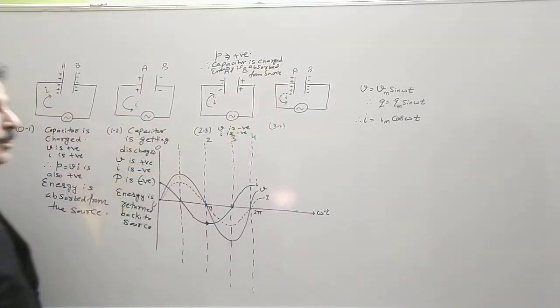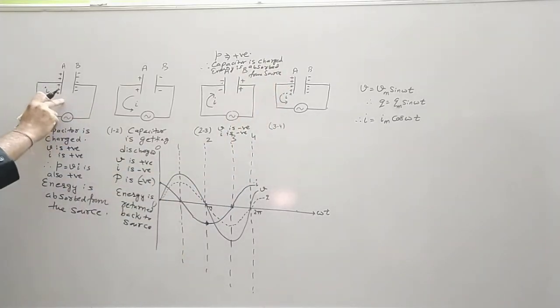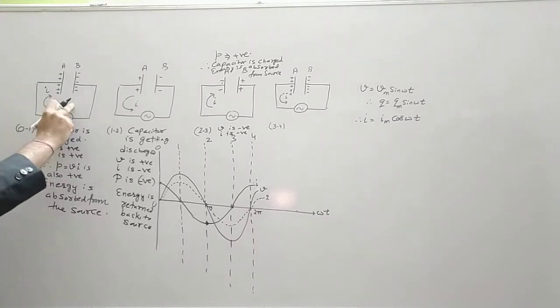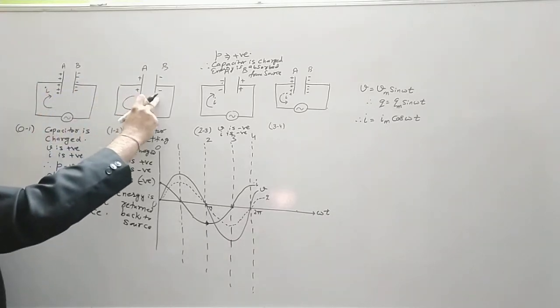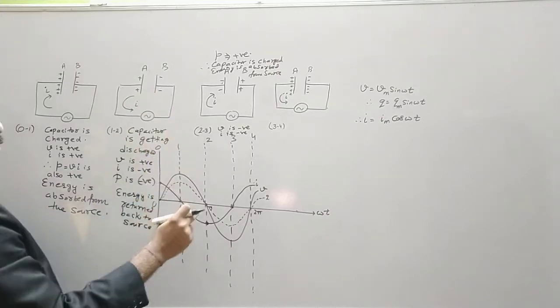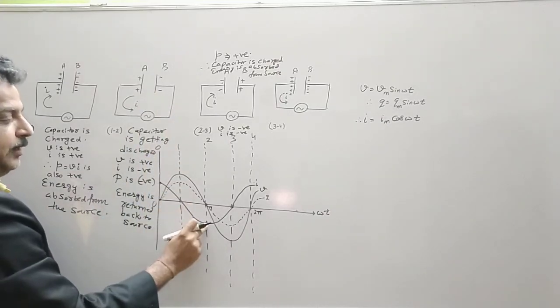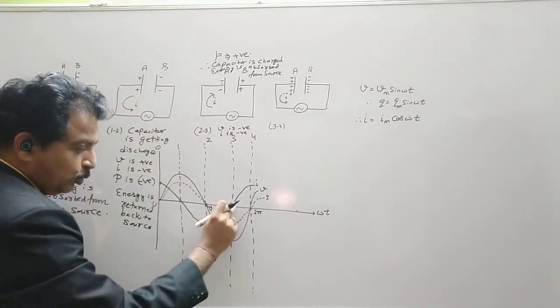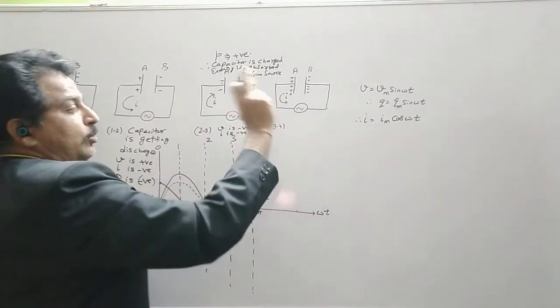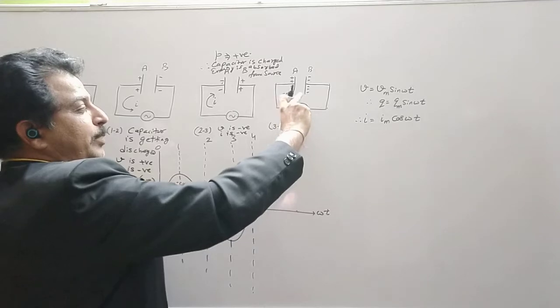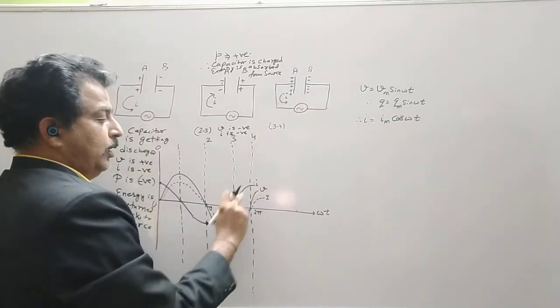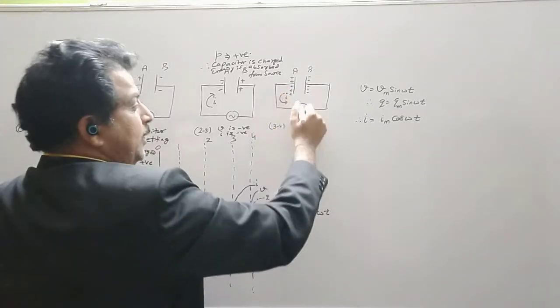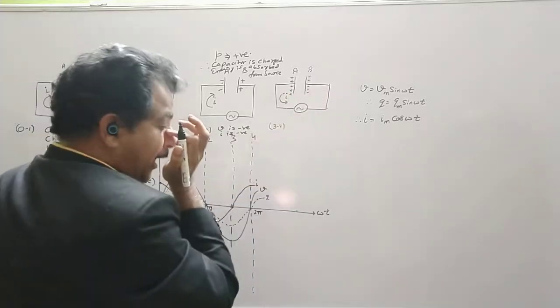So it is like the current becomes from 1 to 0, then 0 to minus 1, then minus 1 to 0, and now once one cycle is completed, it becomes 0 to maximum again. So again the charge has increased.